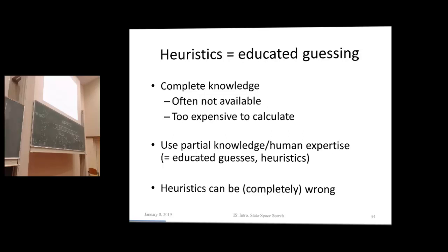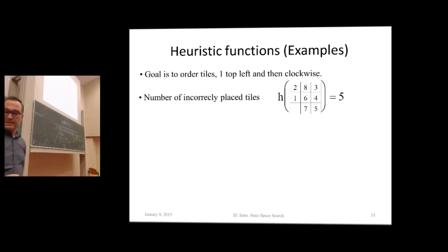The reason for needing this is that very often we don't have the complete knowledge, and as we've seen already with these simple examples, it's too expensive to calculate. So we use some educated guessing, some human expertise to tell us in which order to explore the nodes in my fringe. And they can be completely wrong and not work. I will show some examples.